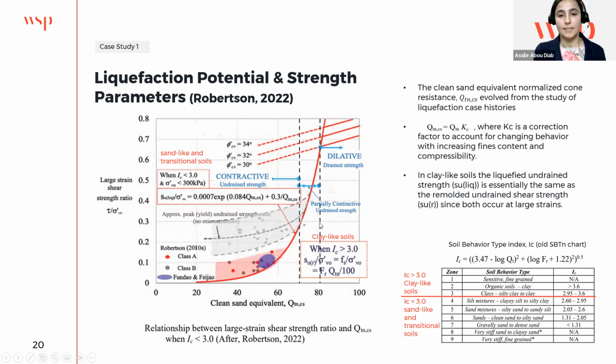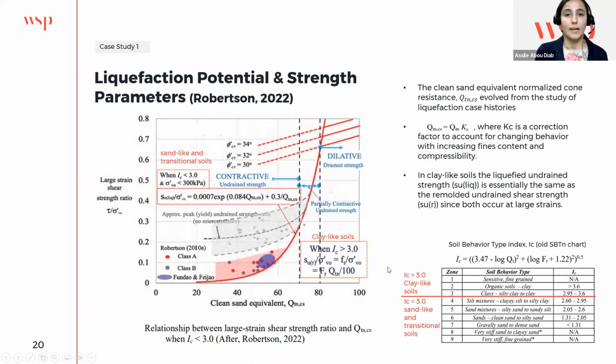Between 70 and 80, we are in the transition zone, but still the underlying shear strength would govern the design. So this equation would apply up to Qtn,cs of 80. For Qtn,cs greater than 80, the soil is dilative, so the drained shear strength will govern the design, and we revert back to using tangent phi.